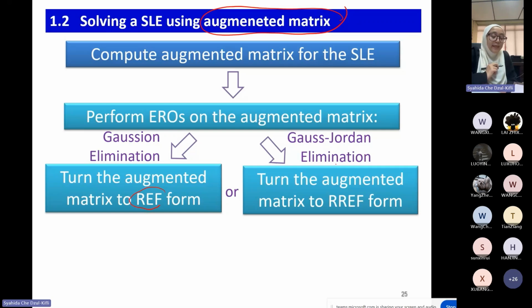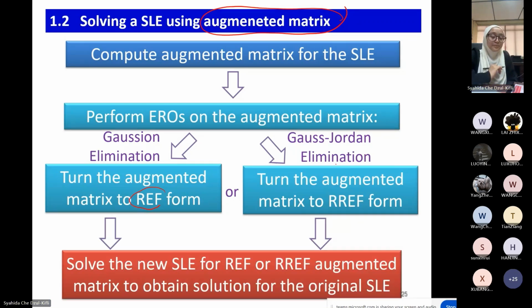And then whenever the augmented matrix is already in REF form or RREF form, we are able to get the solution of the system of linear equations easily. So these are 4 steps of solving systems of linear equations using augmented matrix.